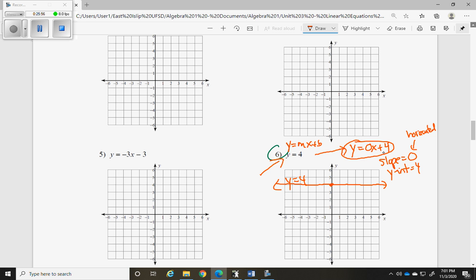I look at y equals 4 and say, okay, of course, y is 4. So I go to 4 on the y-axis, and then I draw a line through it, and I'm done. So I just remember that if it's y equals some number, and there's no x in the equation, this is always a horizontal line. And I remember that horizontal lines always have zero slope.